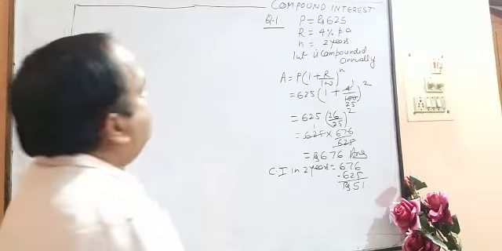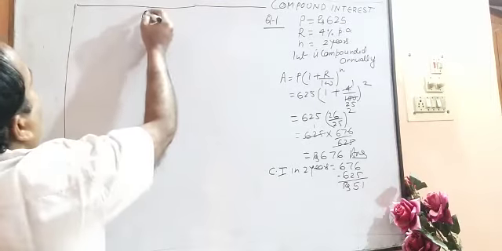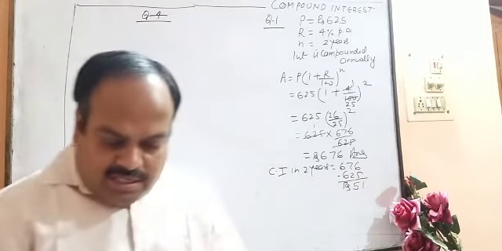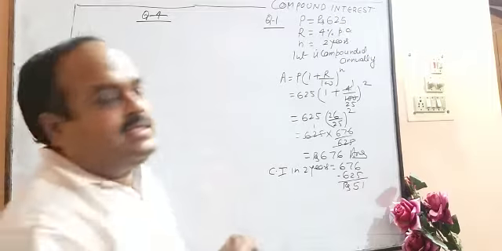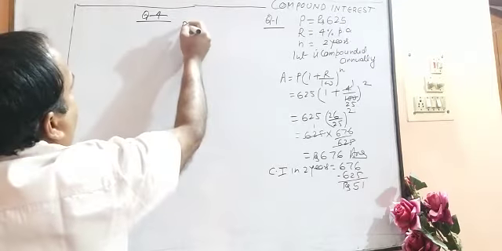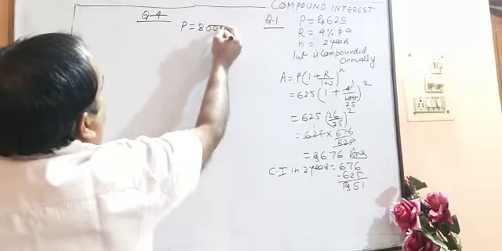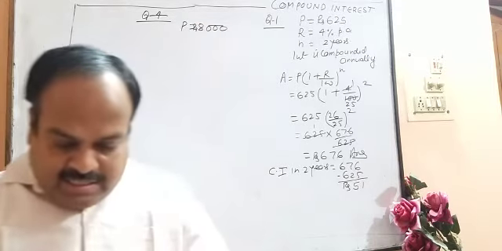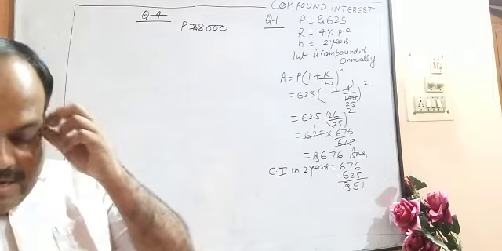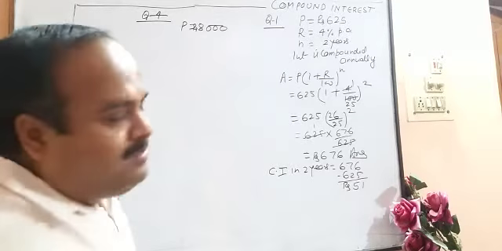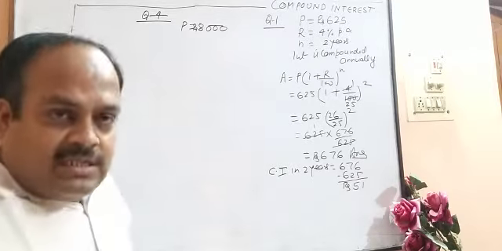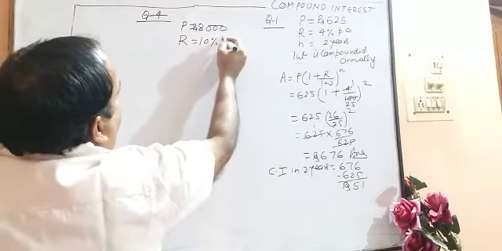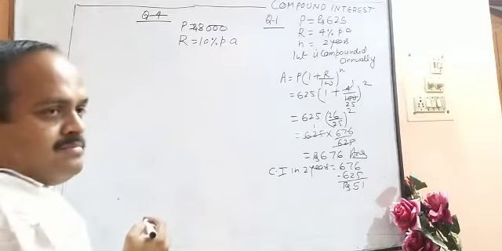Now, let us consider another question of the exercise. Question number 4. In this question, the principal is 8,000 rupees. The rate of interest is 10% per annum, compounded half yearly. We need to correct the question.